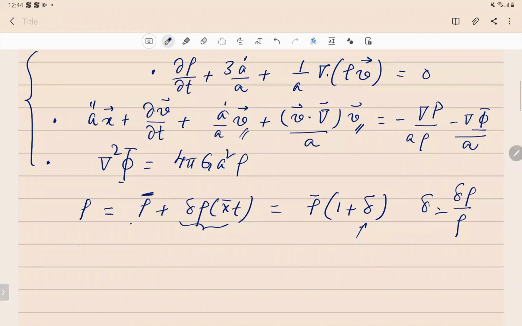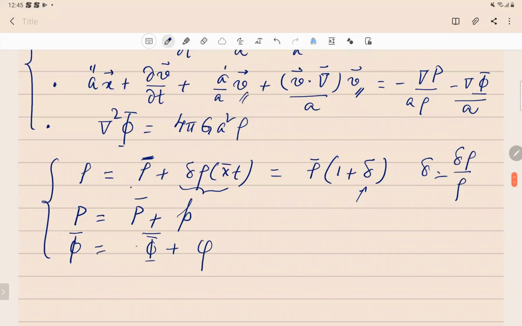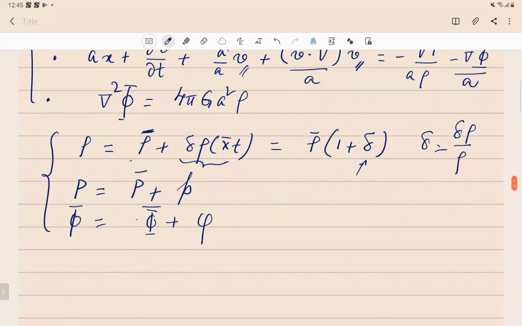Okay, we can also write the pressure as P̄ plus, instead of writing δp, we usually use the symbol small p. And this is a fluctuation. And similarly φ, the perturbation in the potential, this is equal to φ̄ plus small φ. So these are our physical quantities of interest, and we have split them into a background term plus a perturbation.